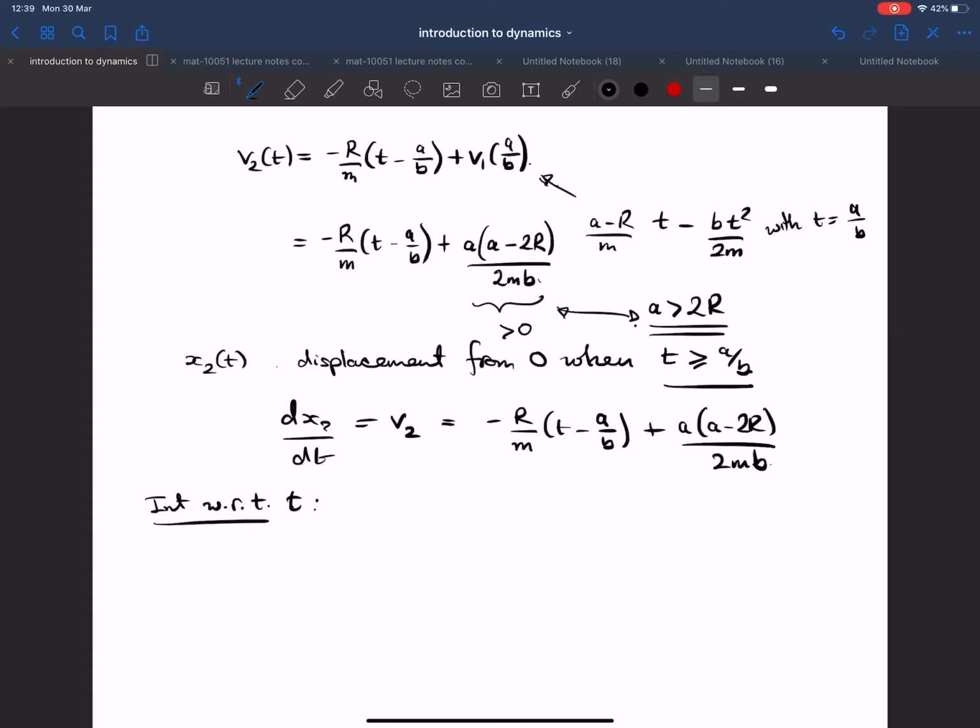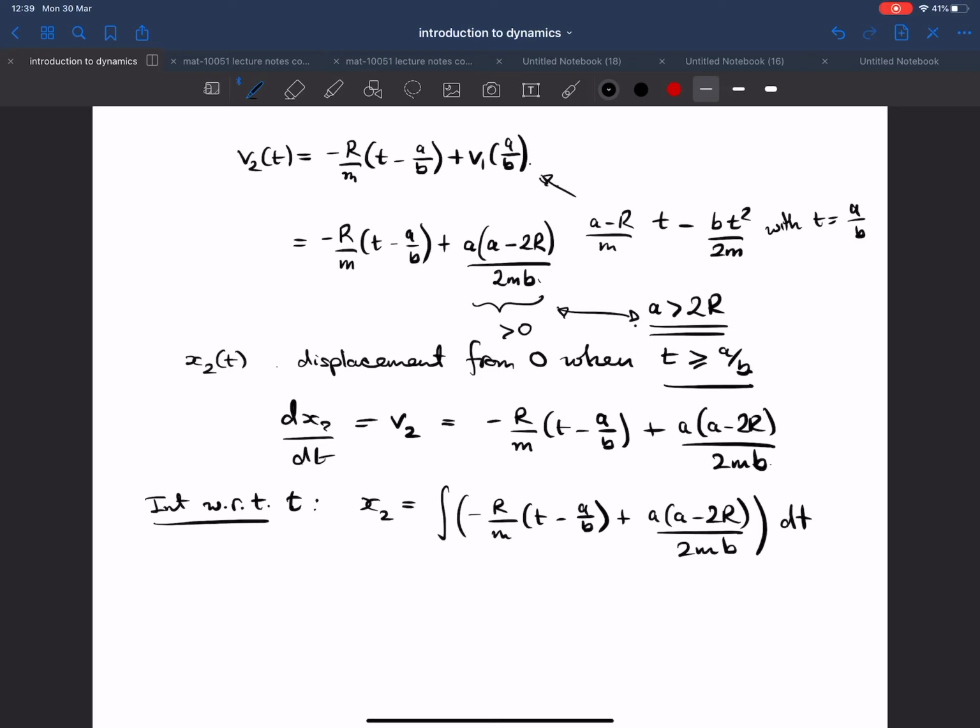Of course, I'm going to get x2 equals the integral of minus R over m, t minus a over b, plus (a minus 2R) over 2mb, all integrated with respect to t.